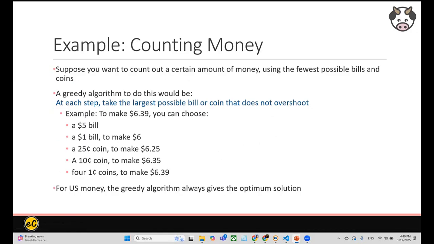Okay, so counting money. At each step of counting money, you want to make, say, 3.39. You have a $5 bill, a $1 bill, and so on.